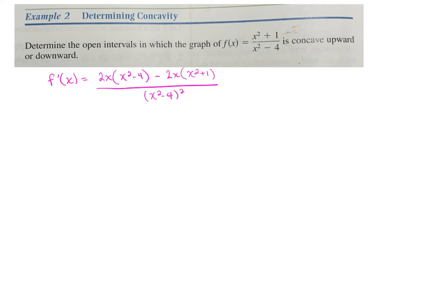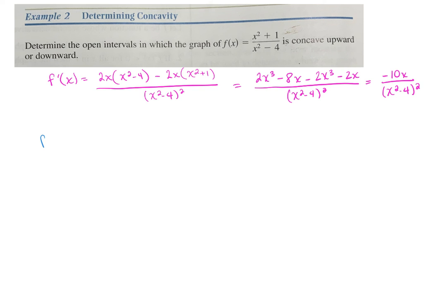Simplify it. At the top, those two cancel, and you end up with negative 10x over x squared minus 4 quantity squared. That's my first derivative.